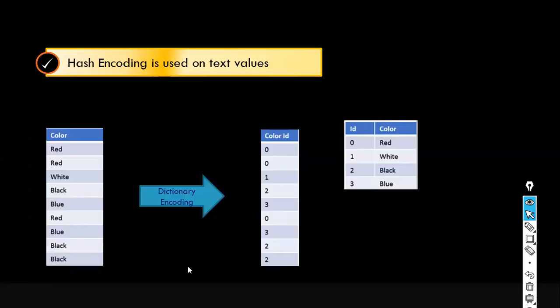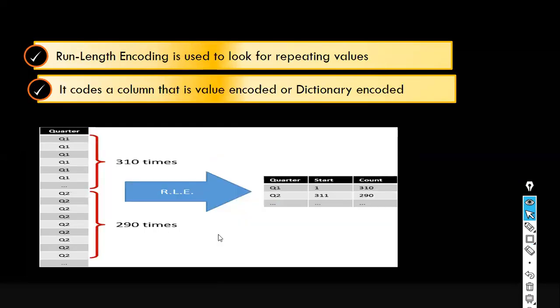And next one is you have something else called run length encoding. In this case, it is looking for the repeating values. It codes a column that is value encoded for dictionary or encoding. Look here, in this case, you have a quarter column. In this quarter column, I can see the Q1 is repeating multiple times, Q2 is repeating multiple times. How many times the Q1 is repeating?